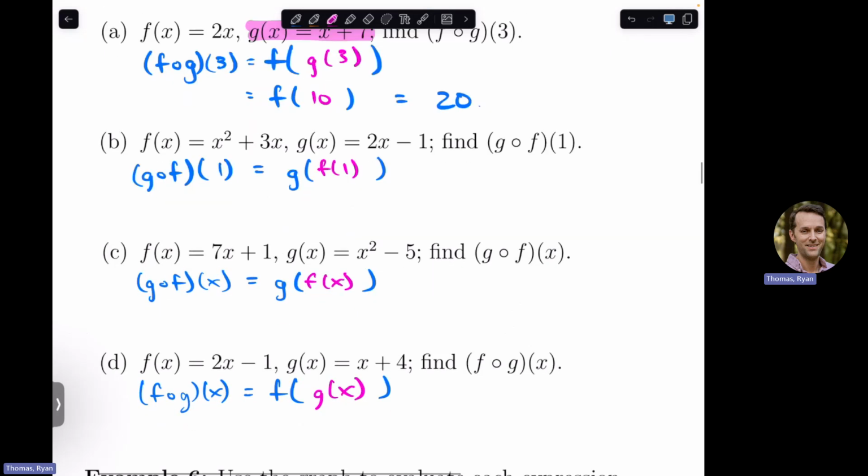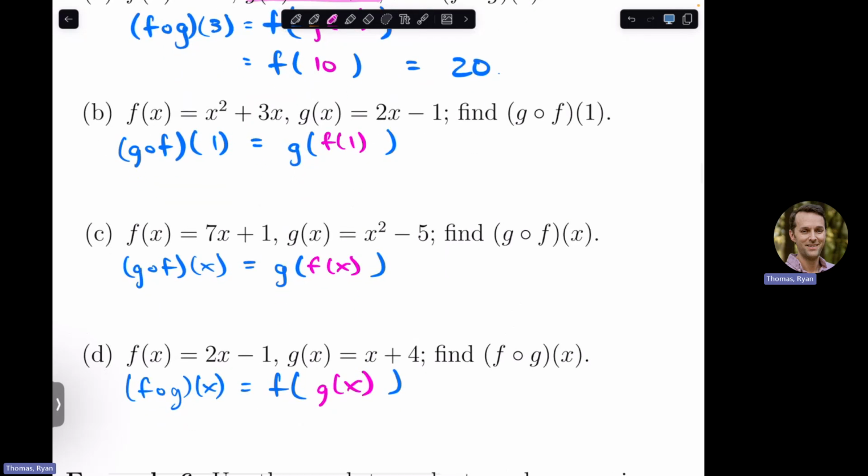So g of f of 1 means we need to find first f of 1. What's f of 1? 4. Plug 1 in here. 1 squared plus 3 times 1 is 4.